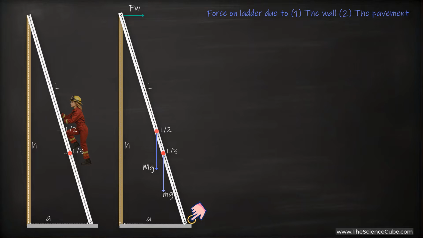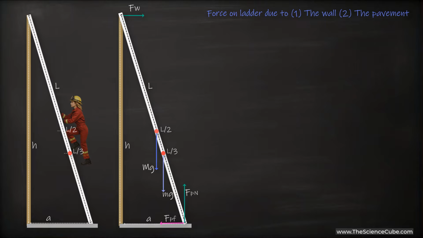And here, the force on the ladder would be one, a horizontal force, that is static frictional force, and let us call it Fp small f, and a vertical force, that is normal force or the normal reaction, and we will label it as Fpn.